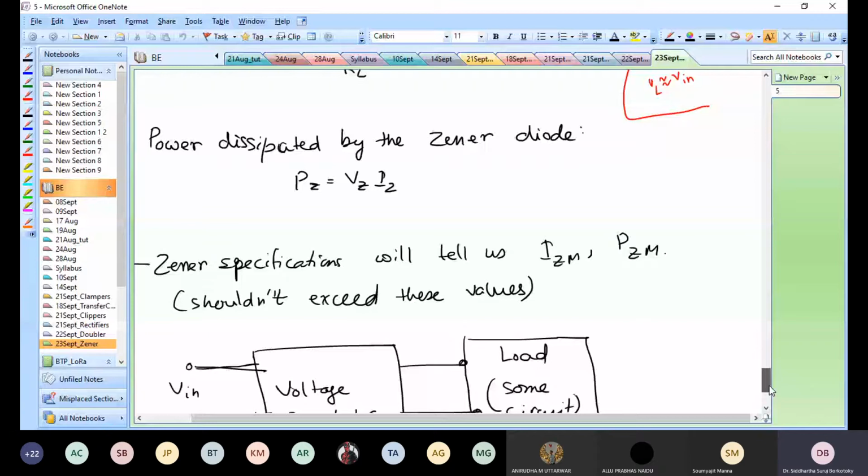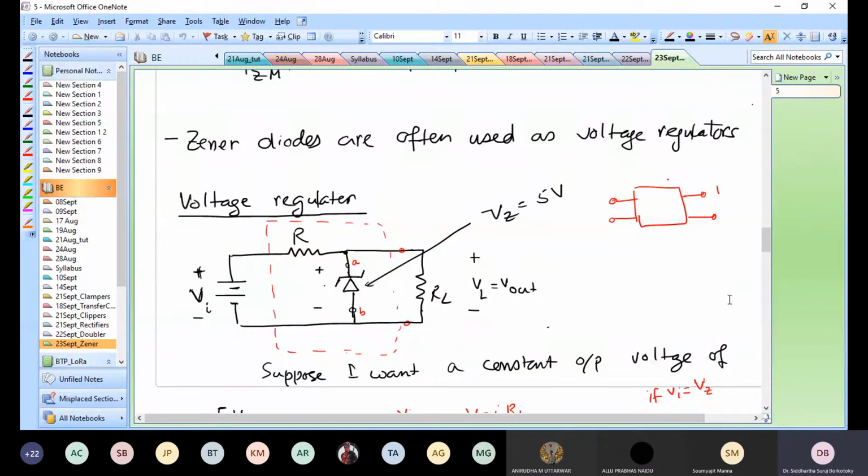You have a Zener diode with a certain Zener potential, and ideally, if you plug in any voltage source greater than the Zener potential, or at least significantly greater, depending on the circuit, you would expect to see a constant voltage at the output. That constant voltage should be equal to the Zener potential of the diode. So that is the idea.